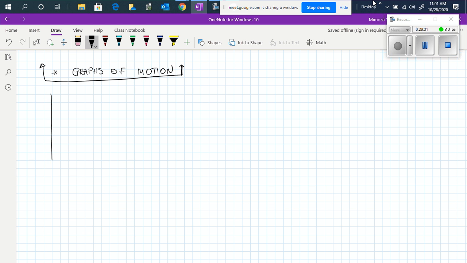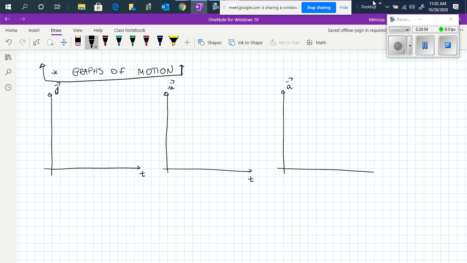The three graphs that we discuss in physics are the displacement time graph, the velocity time graph, and the acceleration time graph.